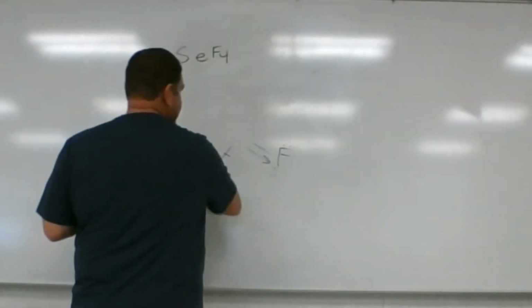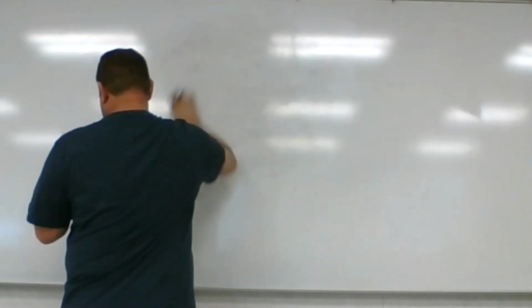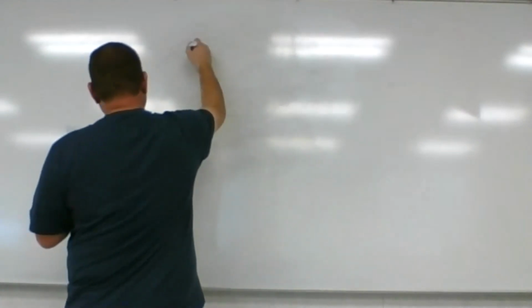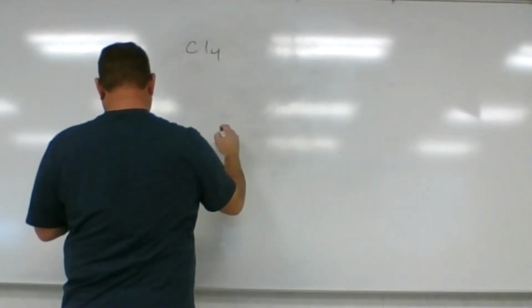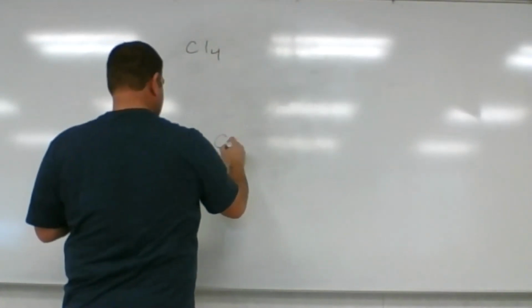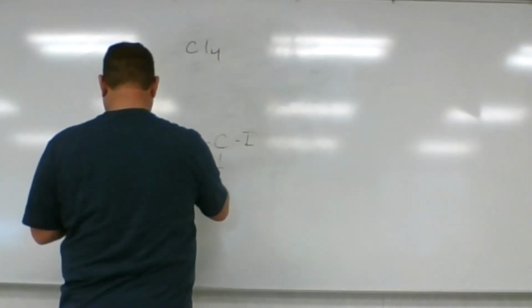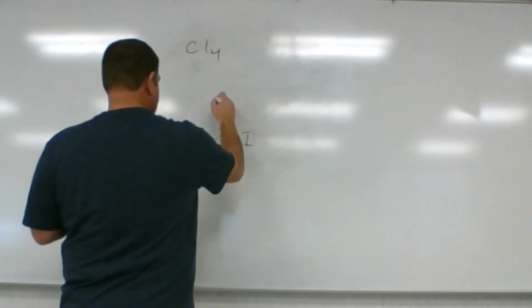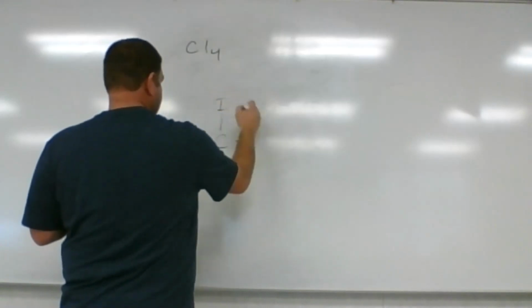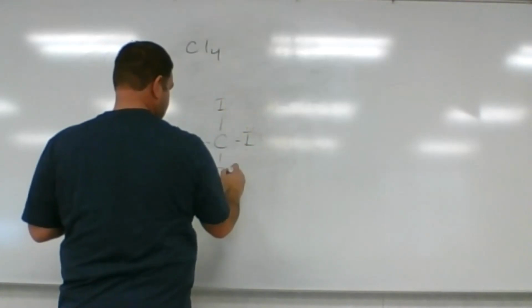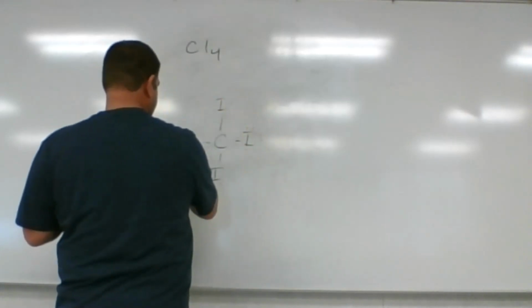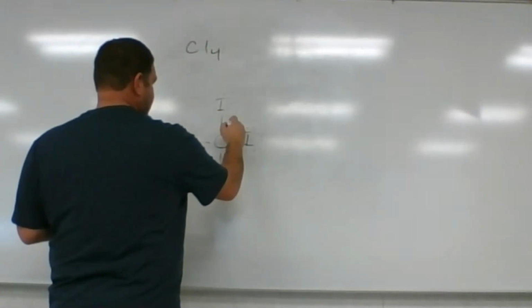All right, now let's look at another one, CI4, okay? So here we have, okay, this is tetrahedral in shape.